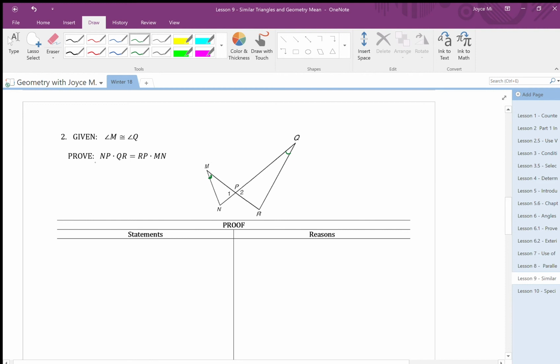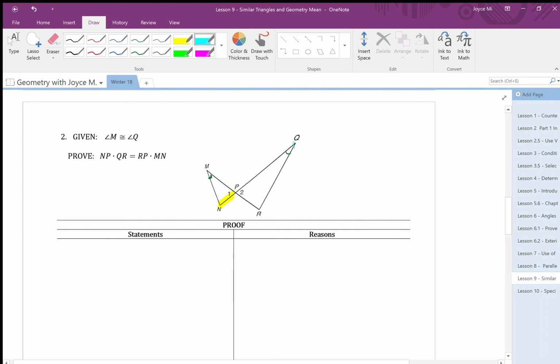Notice these are side lengths of two triangles, so I need to show this using a proportional statement. Let's locate NP, which corresponds to this side over here, and QR corresponding to, let me mark them.